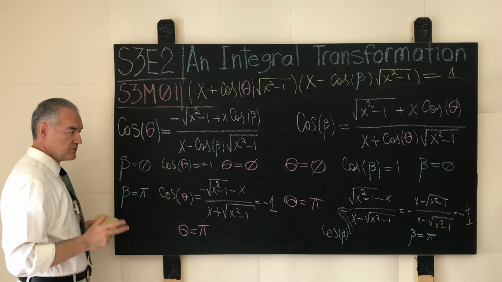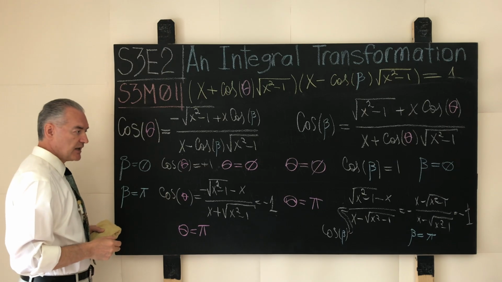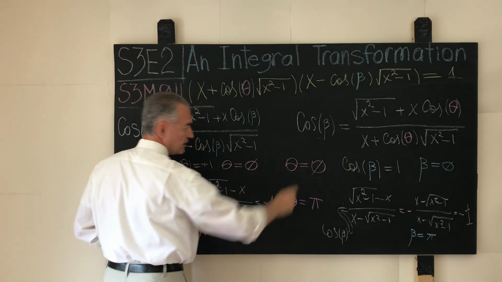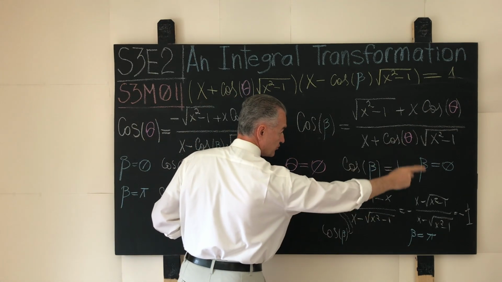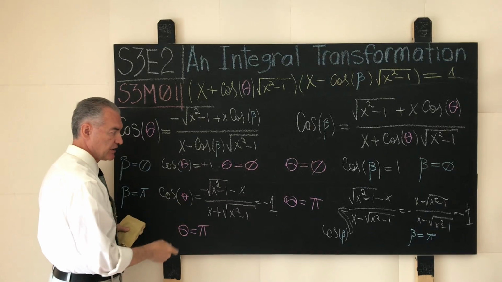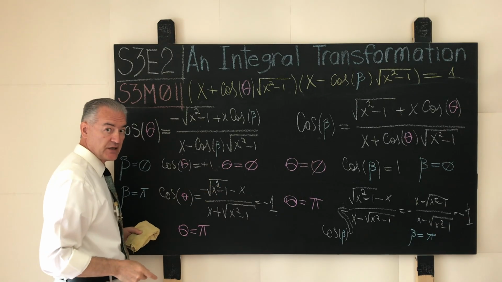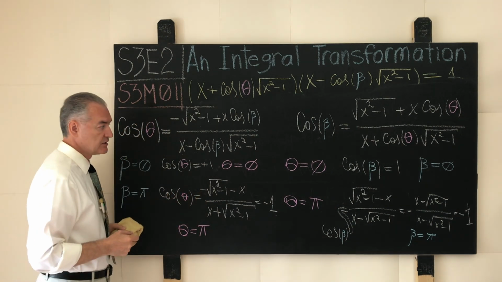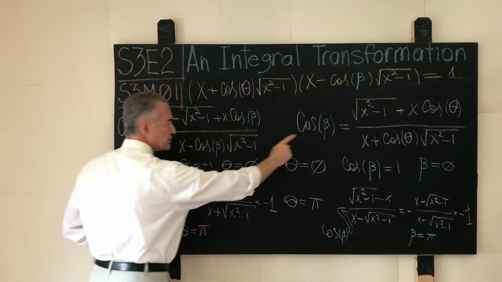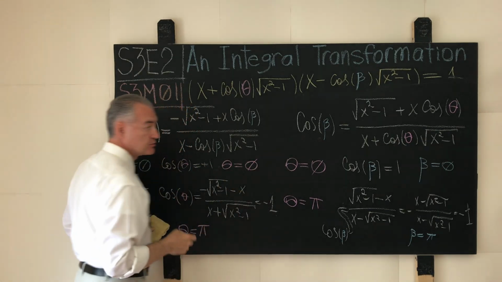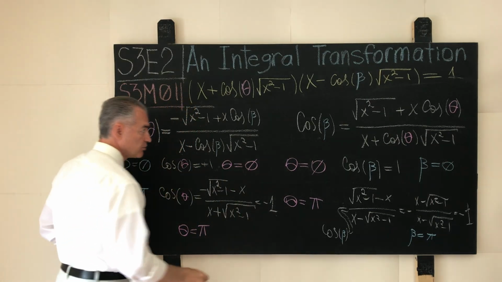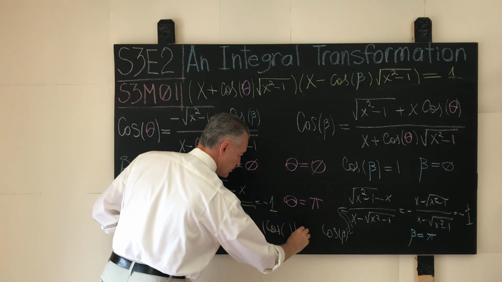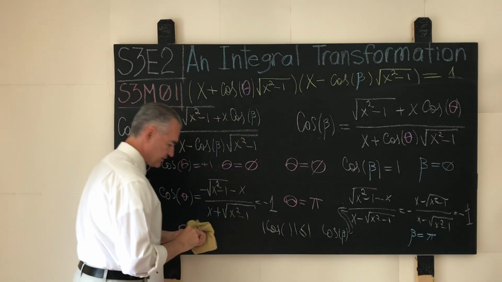And now we have a good reason to suspect that not only do the cosines of theta and beta take on the values of +1 and -1 in either case, implying that the corresponding angles take on the values 0 and pi, but also that these trigonometric expressions, by absolute value, are less than 1.